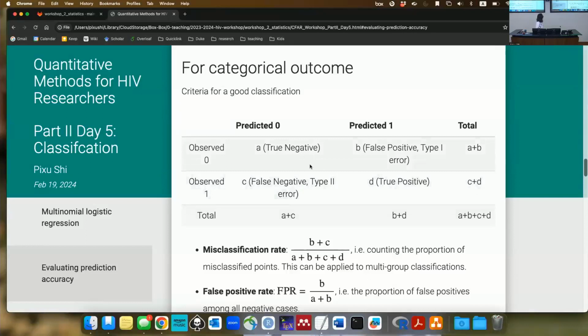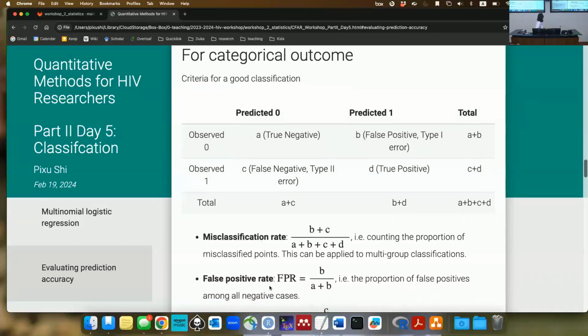So here you have the diagonals that are true positive and true negative, correctly classified. Those are the wrongly classified. And in the classification accuracy framework, you would define the misclassification rate as the off diagonal elements over the total. That's the percentage of wrongly classified points.